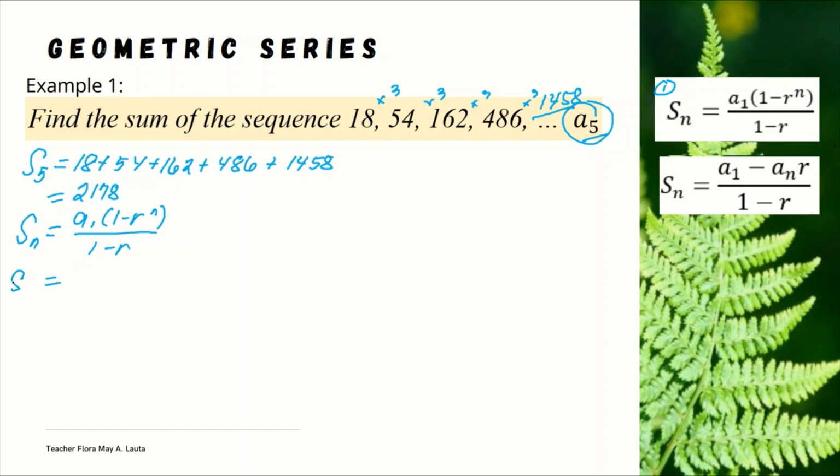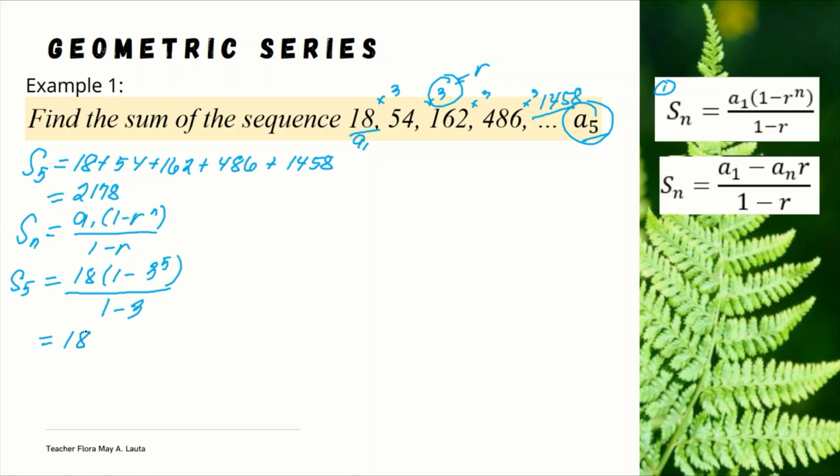We have S sub 5, and a sub 1 is 18. Our r is 3, and n is 5, divided by 1 minus 3.